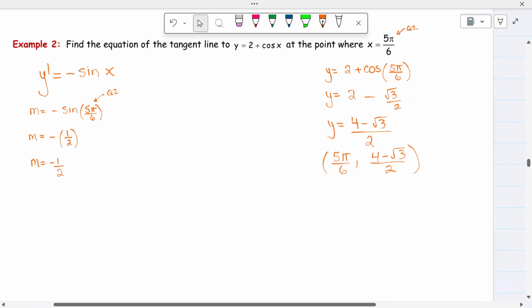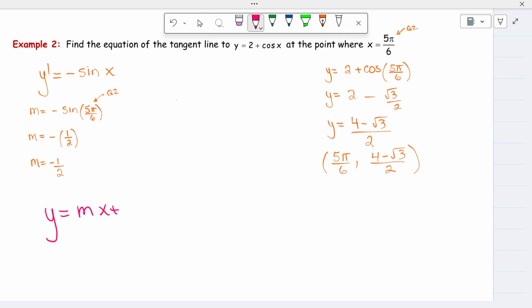So that is what we're substituting in for x and y. So y equals mx plus b. So y is 4 minus root 3 all over 2 equals m, which is negative half, times x, which is 5 pi over 6, plus b.